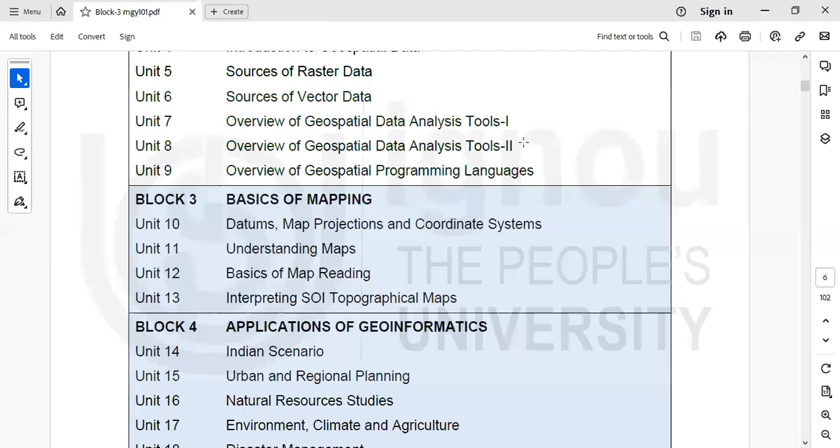So in geoinformatics, maps play an important role. Before studying satellite images and aerial photographs, it is very important for us to have a sound knowledge of maps and their aspects.